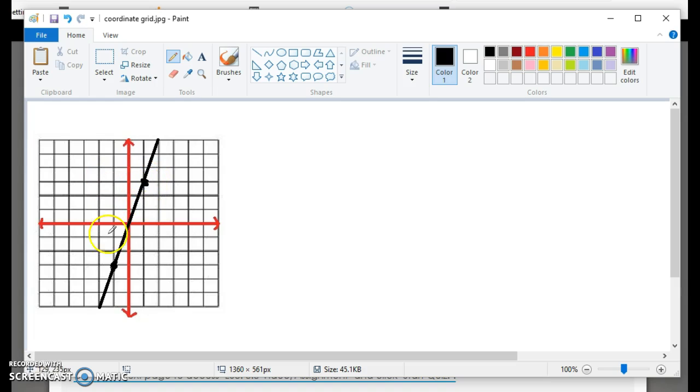Really any 2 points on the line. And if I count the vertical change, it's 1, 2, 3, 4, 5, 6 units up, so positive 6. And the horizontal change is 2 units to the right, so positive 2. Slope is vertical change divided by horizontal change, and that simplifies to 3.